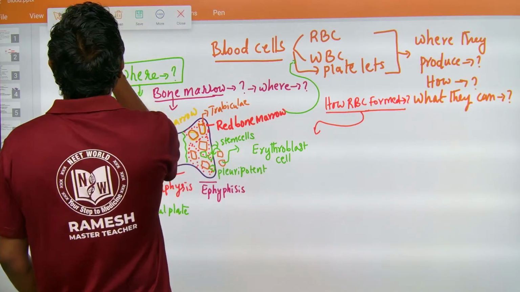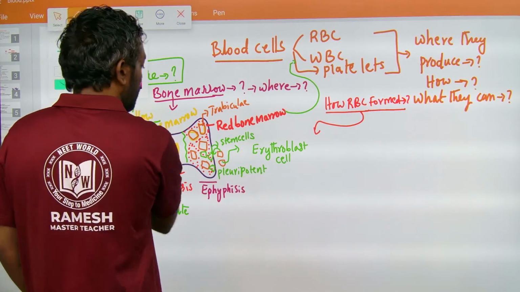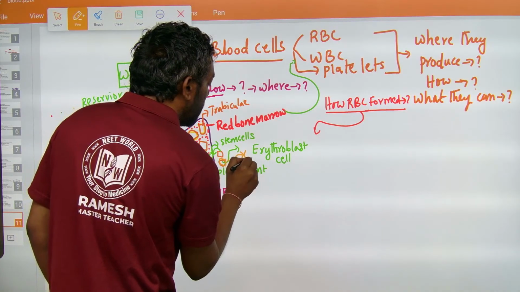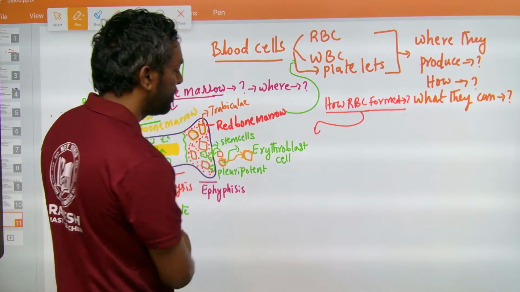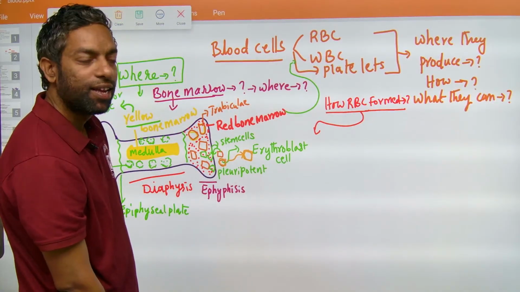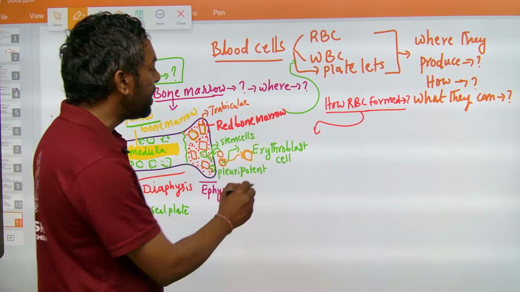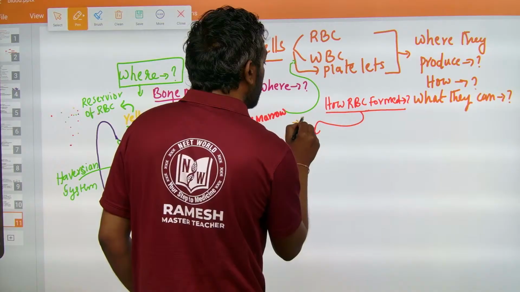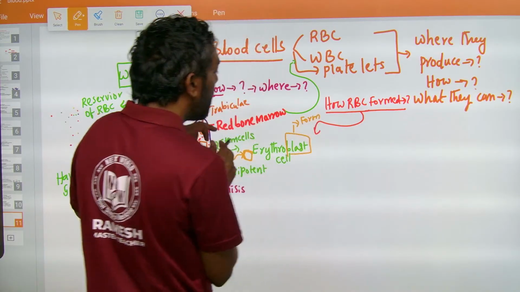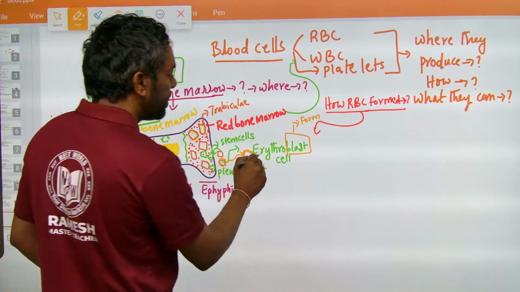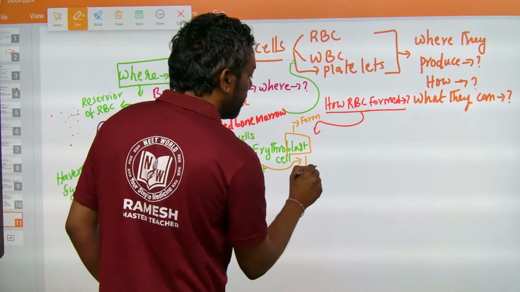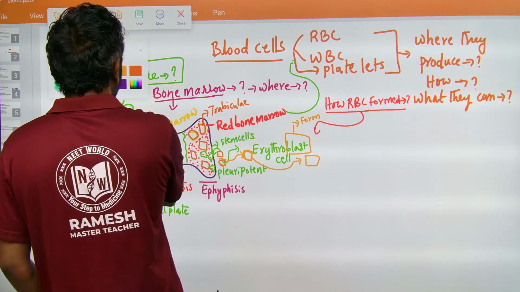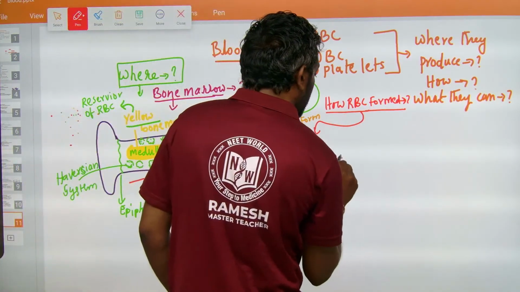Blast means to form. The erythroblast cell forms into RBC.